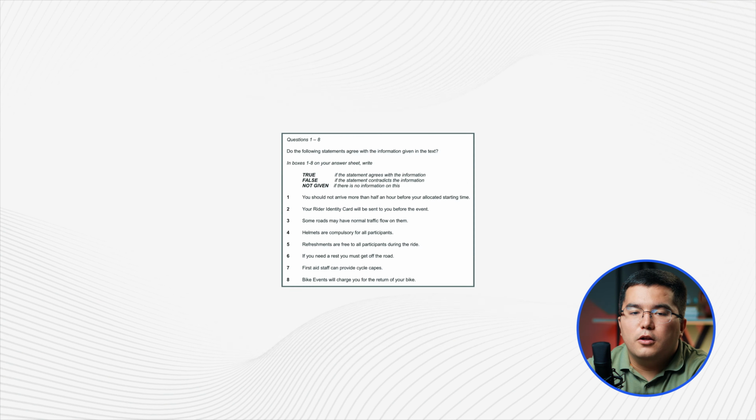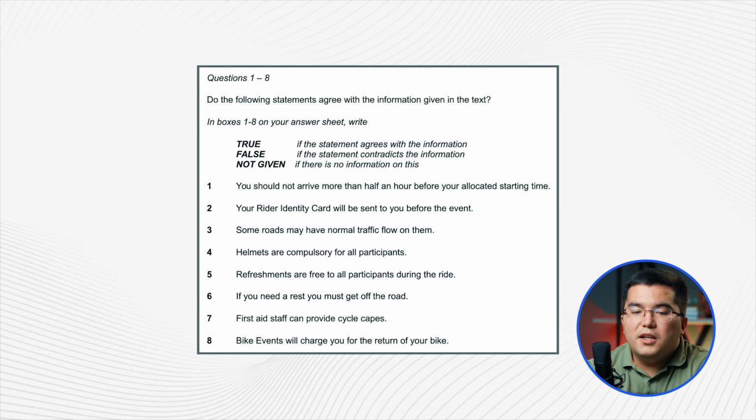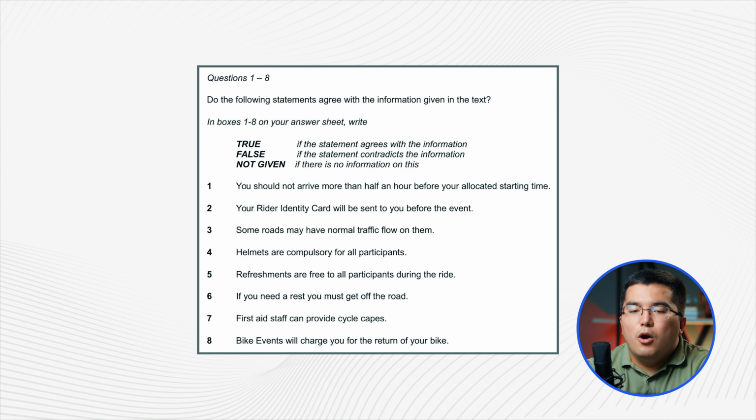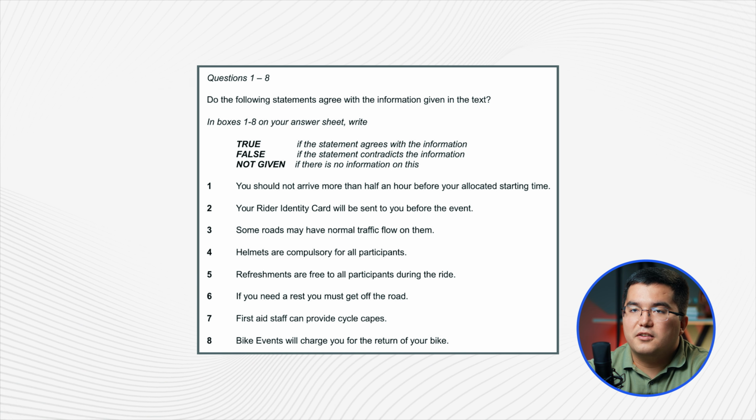Now let me tell you how they develop true, false, not given questions. When IELTS test developers create questions, they first create only true questions. So if you just come back to this slide where you are given 8 questions, in the beginning, all of these questions are true according to the text.